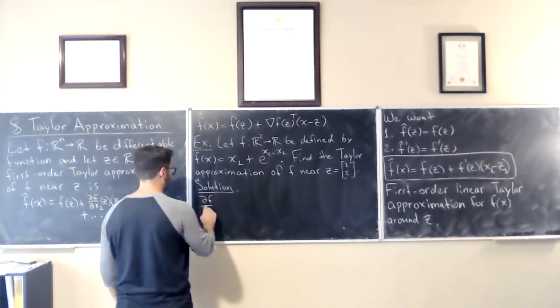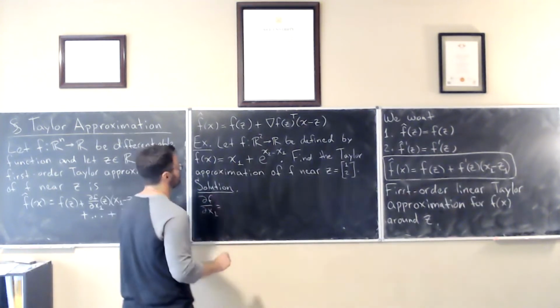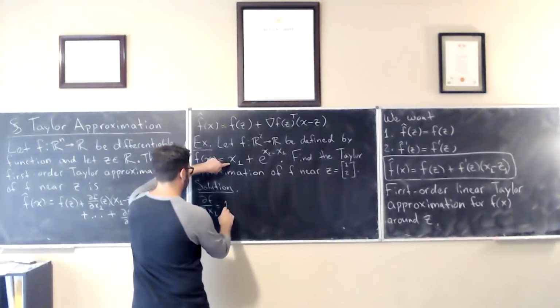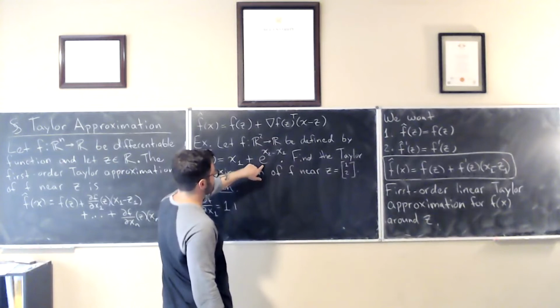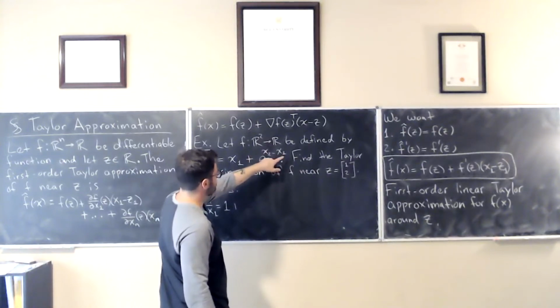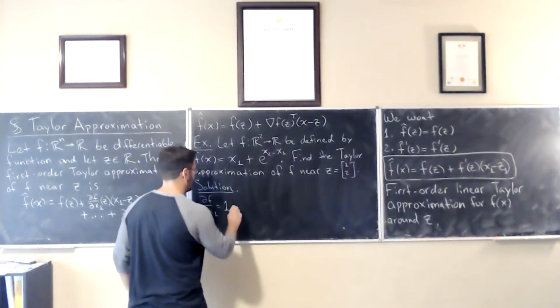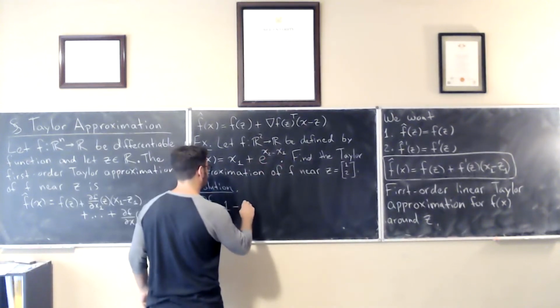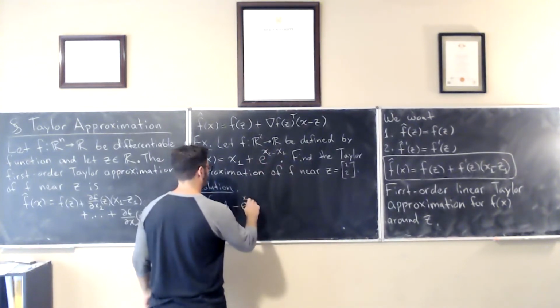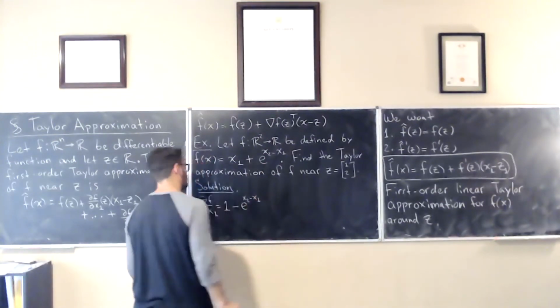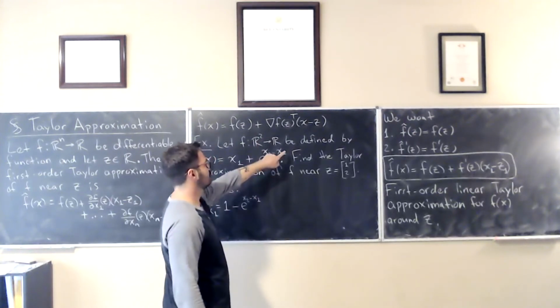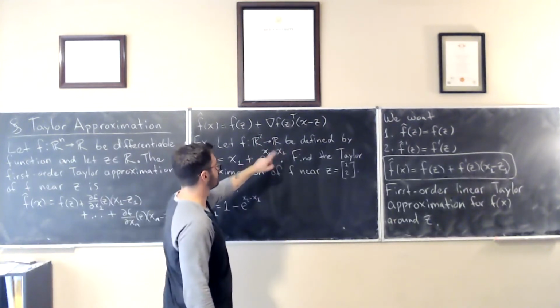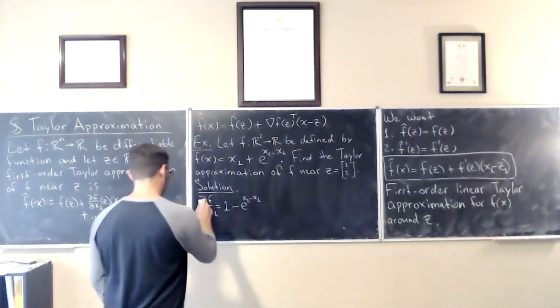So the partial derivative with respect to x1 is 1 minus e to the power x2 minus x1. Take the derivative of this with respect to that variable, you get minus 1 times this, so that's why it's that way.